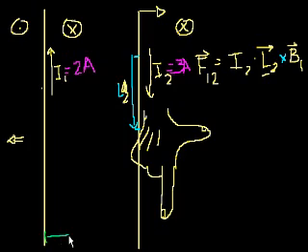Let's say they're 1 millimeter apart. We want everything in standard units so that all the units work out, so let's convert it to meters. That equals 1 times 10 to the minus 3 meters. So they're pretty close apart.